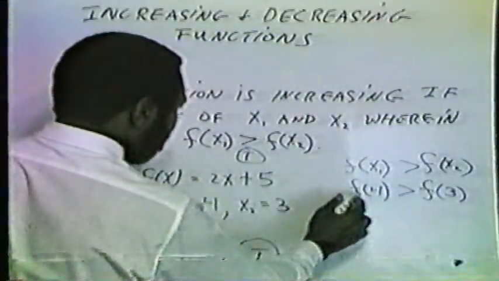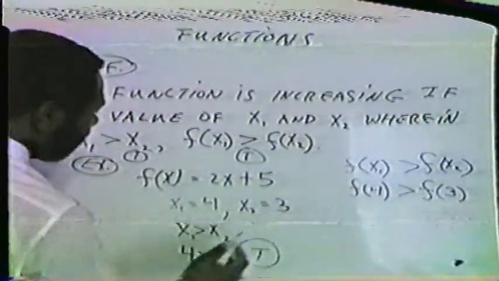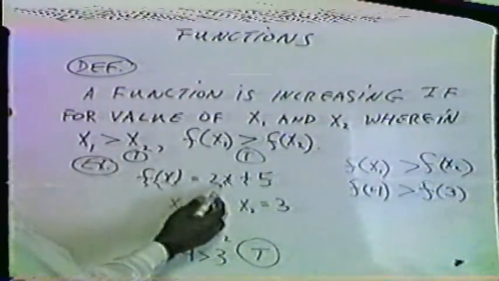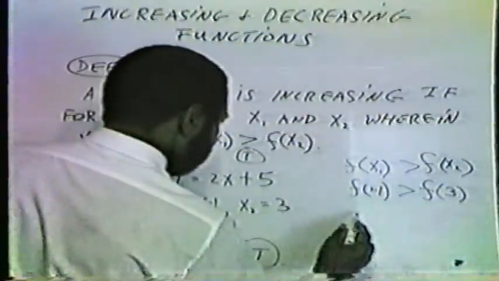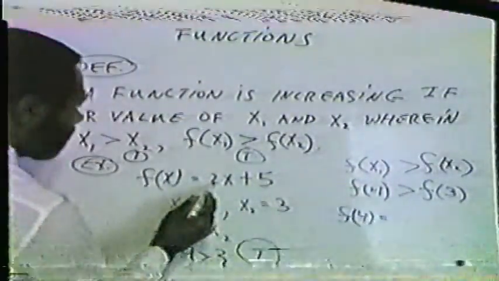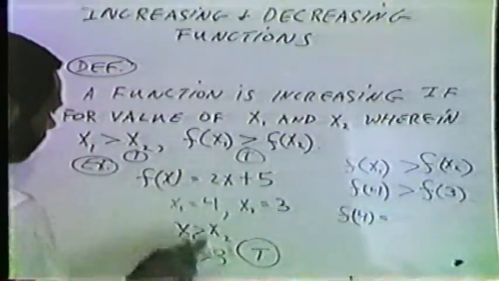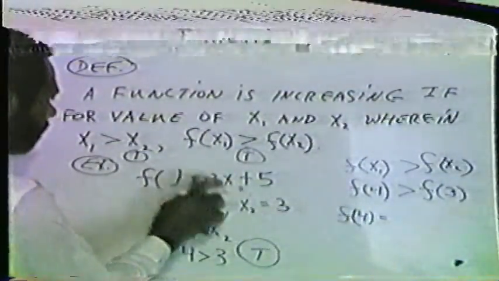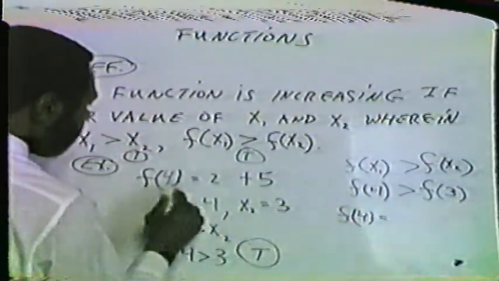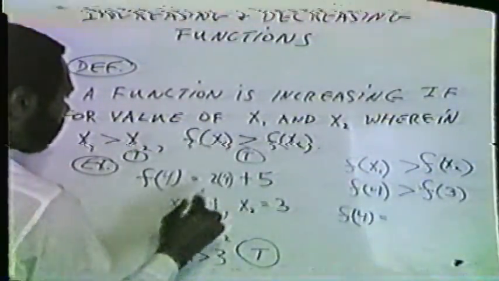Now, to find f of 4, we have to take 4 and substitute it in this equation, 2x plus 5. So f of x equals 2 times x plus 5. Everywhere we have x in this equation, we substitute 4.